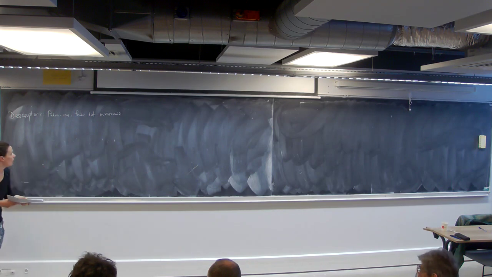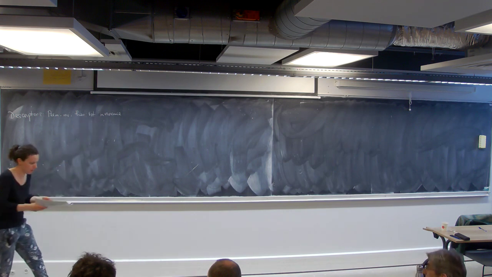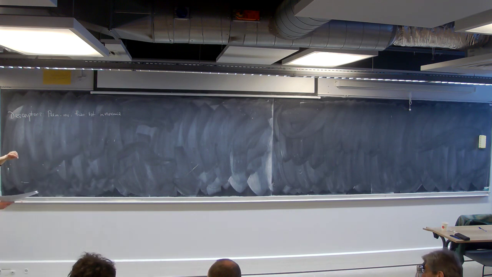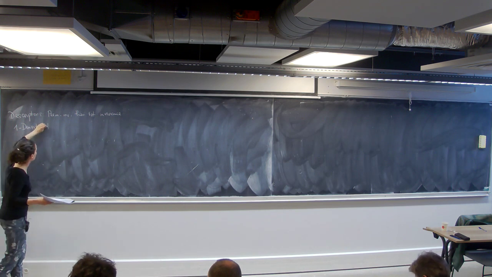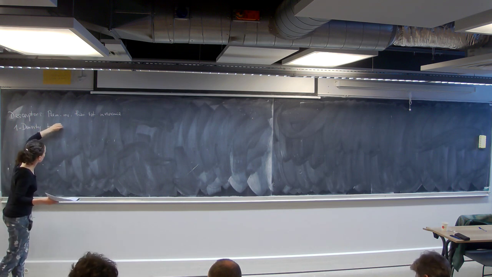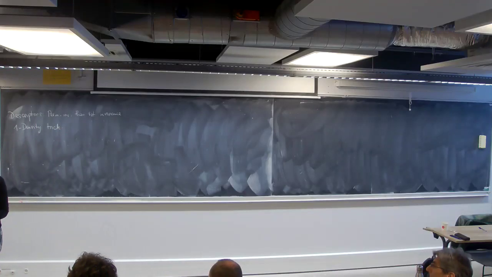Okay, and so first, basically what makes things work, I would say, is the so-called, I don't know if many people call it like this, but it's sometimes called like that, the density trick. And so the idea is to consider a density.